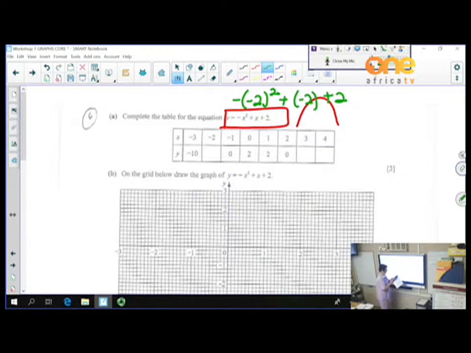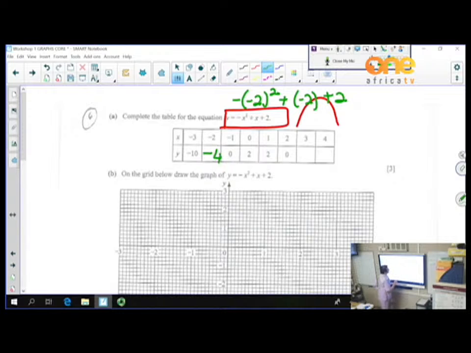Negative bracket, negative 2, close the bracket, squared, plus, again a bracket, negative 2, close, plus 2 is equal to. And what do you get? What is the answer? Negative 4. Negative 4. Yes.